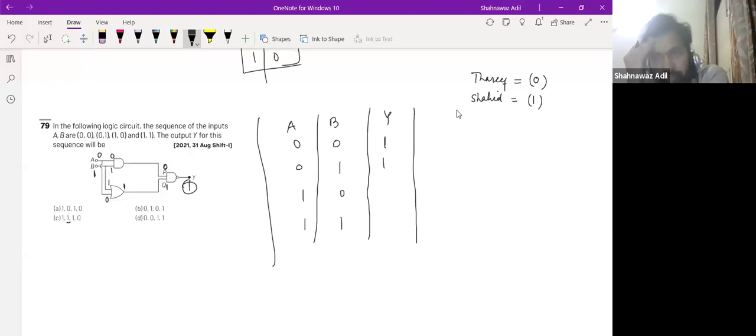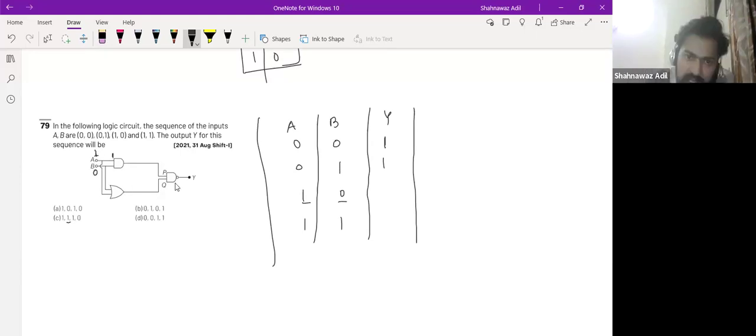So tell me, A is 1, this is 1, and B is 0. So for 1, 0, what is Y? But we have already got the two options correct, so we don't need to solve it further.